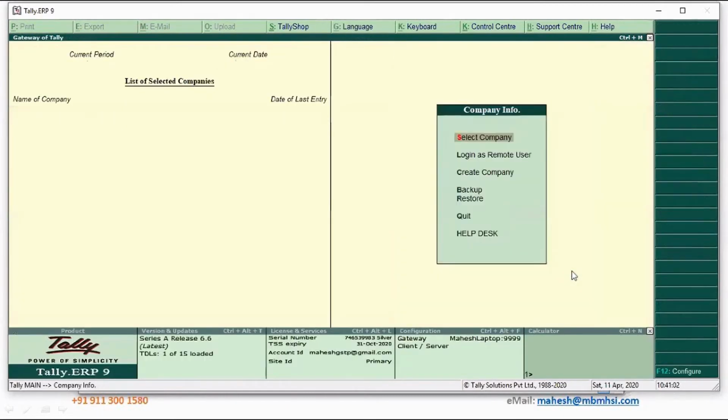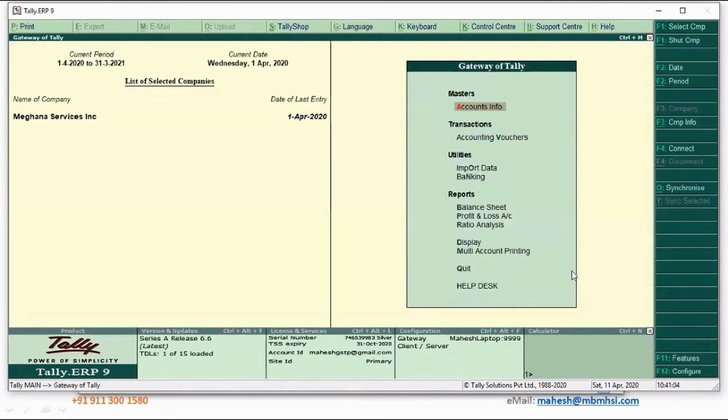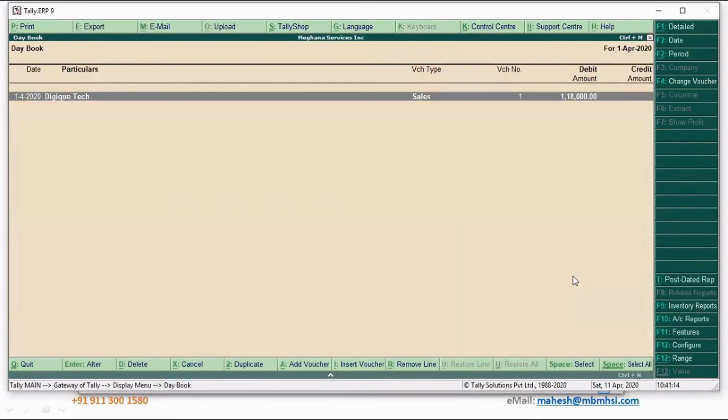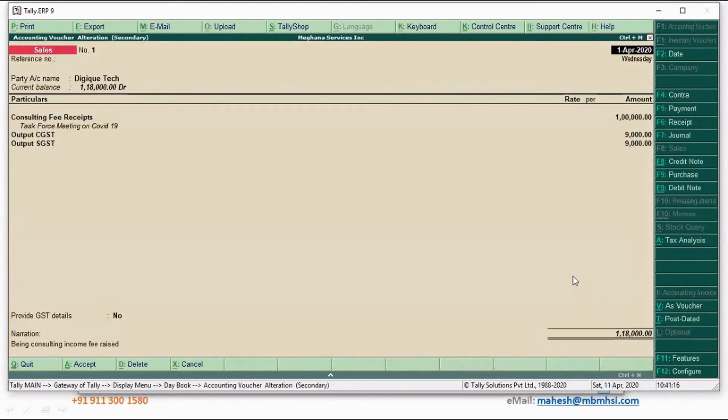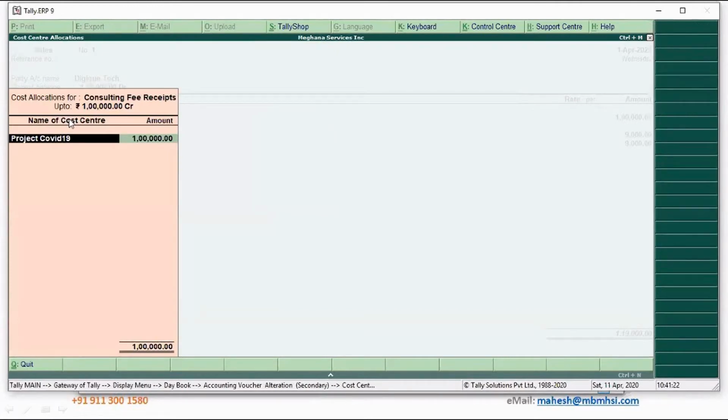Okay, so let's go back to our service business. What we did on this sale entry: when we created a sale entry over here, for the professional charges, if you had noticed, we created a cost center called Project COVID-19 as one project, because most services work in project mode.